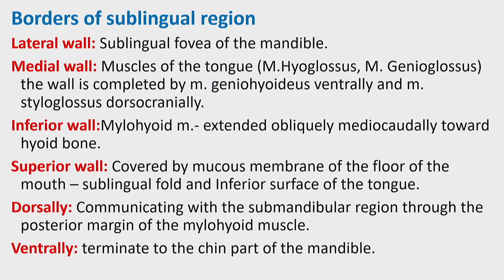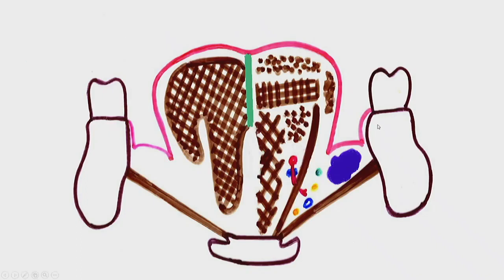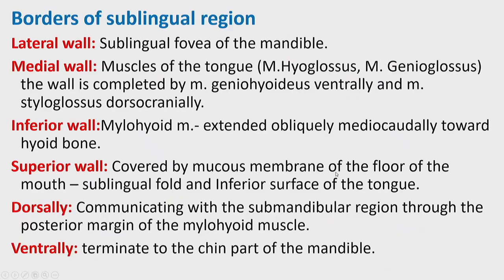Yes? So these are the borders of the sublingual region, if you want to say. Above is the mucous membrane, below the mylohyoid muscle, laterally the mandible, medially the muscles of the tongue, anteriorly the mandible, and posteriorly the free margin. So these are the details of the sublingual region.